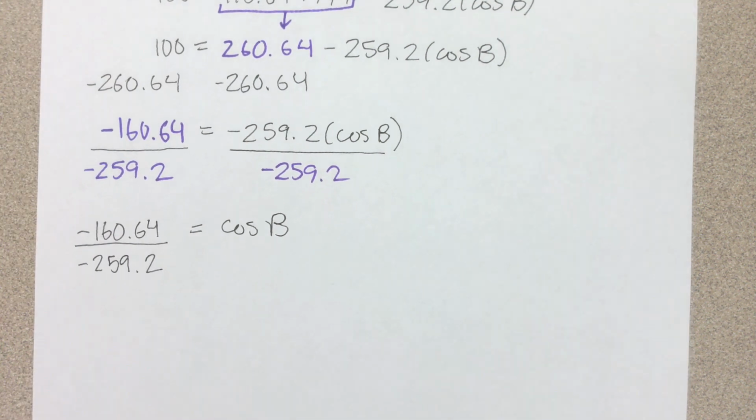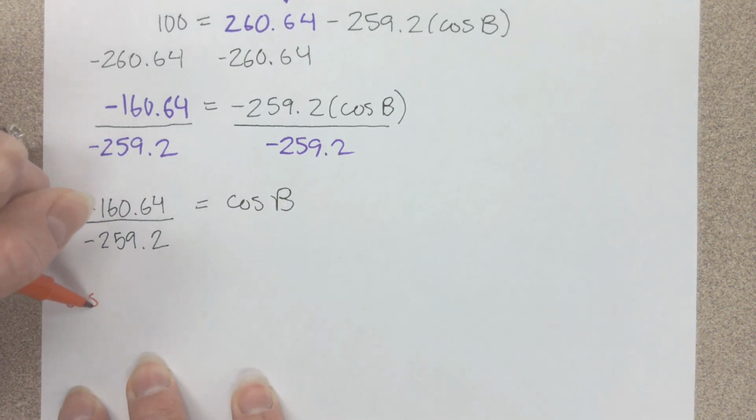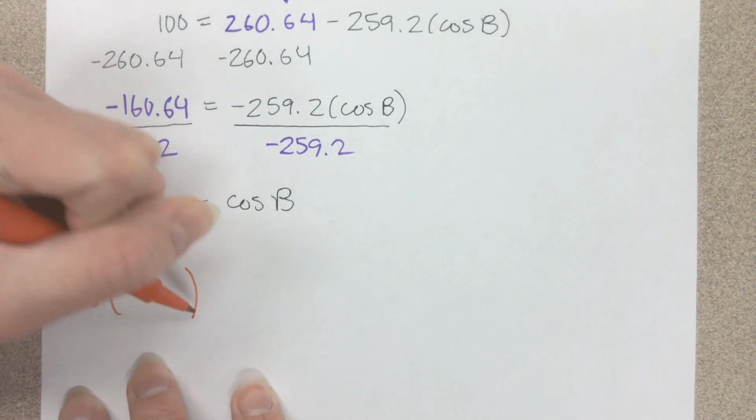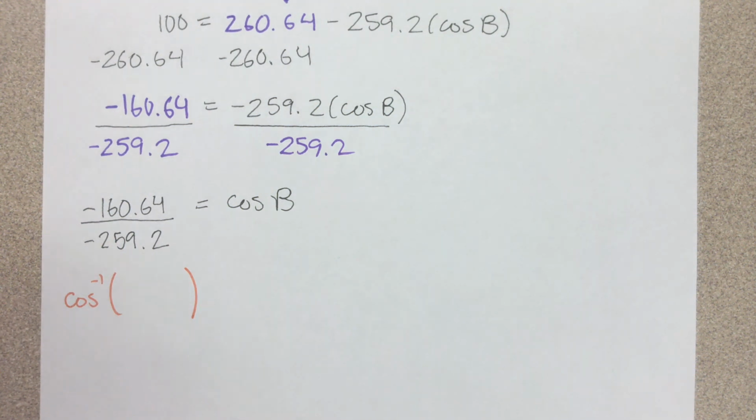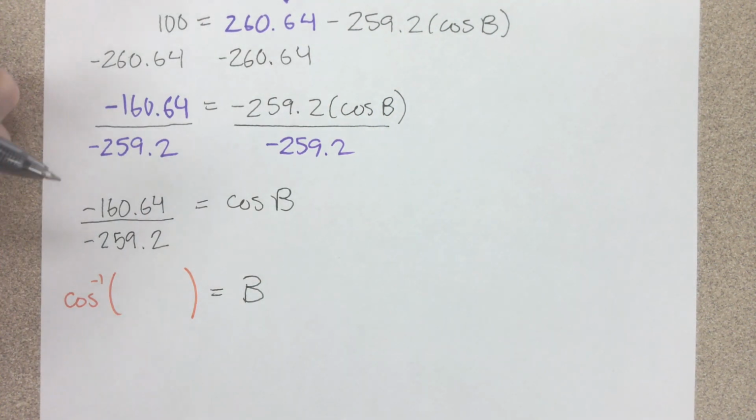And hopefully you already know what to do next. Just like what we did with the previous notes, how we took inverse sine, we're going to do the same thing, but it's inverse cosine. So over here, we're going to have inverse cosine. When it switches sides, it gains the inverse. And then just drop that fraction down into it.